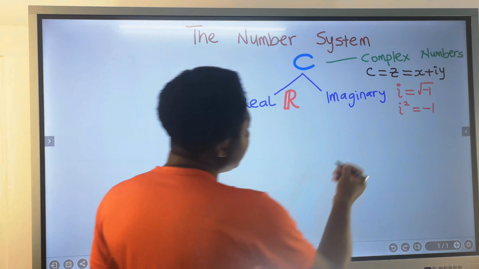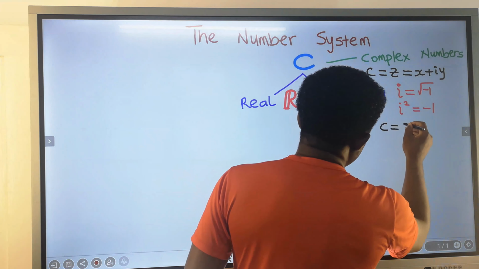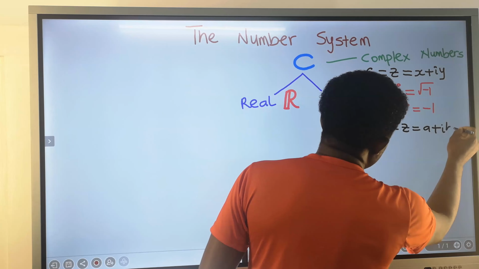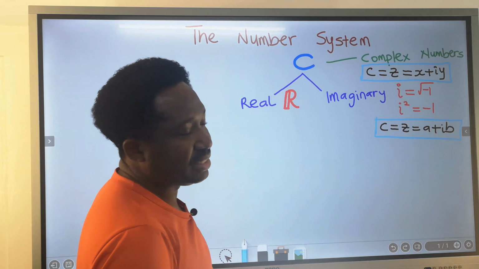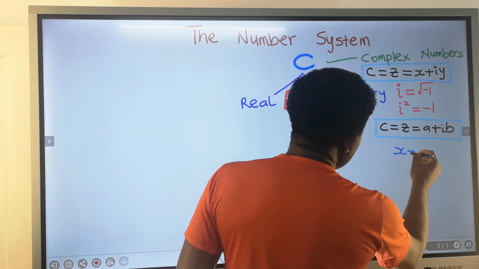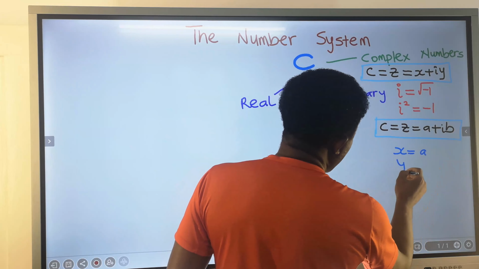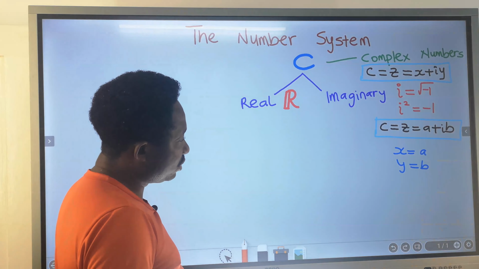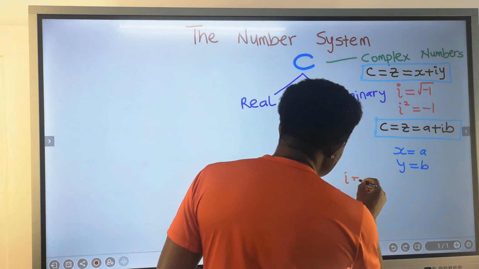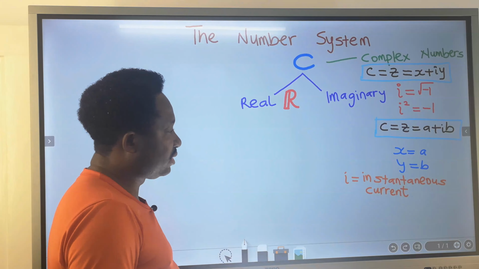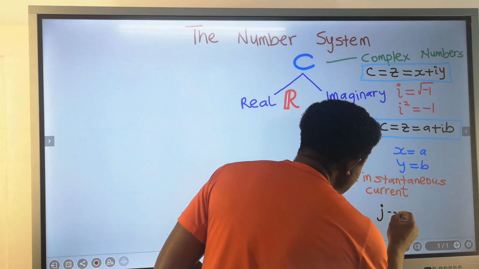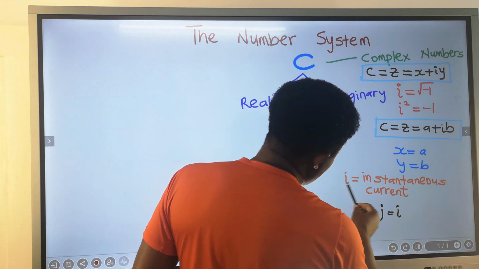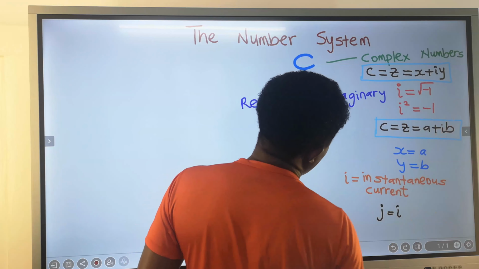We can also represent a complex number with C is small letter z is A plus IB. Both are the same thing, where x is the same as A and y is the same as B. In some engineering textbooks, where I is for instantaneous current, J will be used instead of I, so as not to confuse this instantaneous current with this imaginary number.